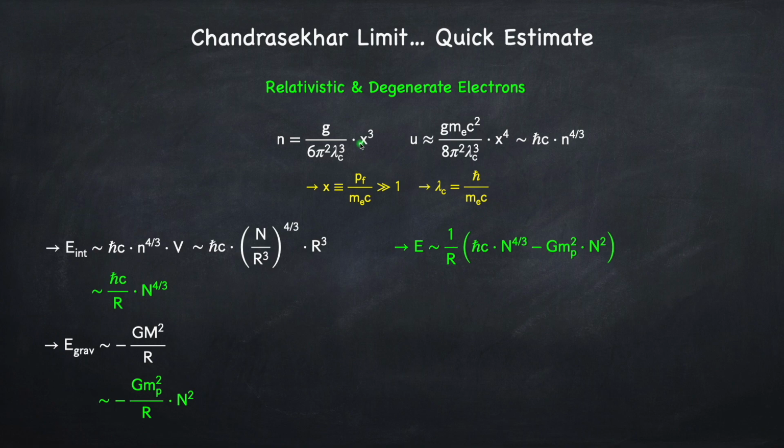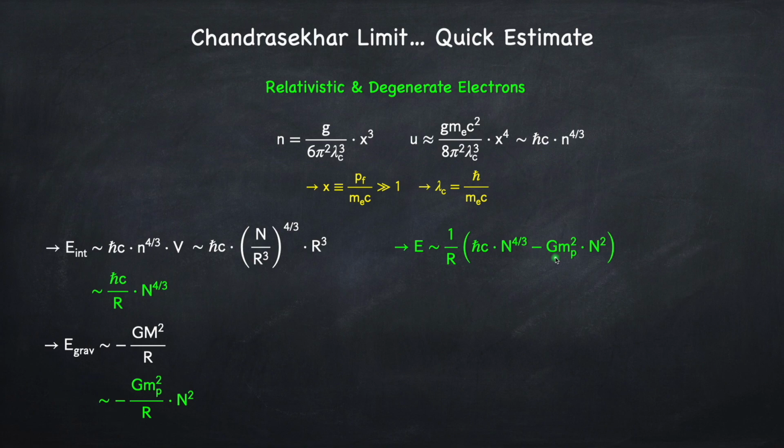And in the case of non-relativistic matter, it turns out, and it's very straightforward to show, that this term, the internal energy, will scale as 1 over r squared. So now you'll have a term proportional to 1 over r squared and a term proportional to 1 over r. As a result, there will be a radius that minimizes the energy and the star will equilibrate. So if n is small, the star will be stable.